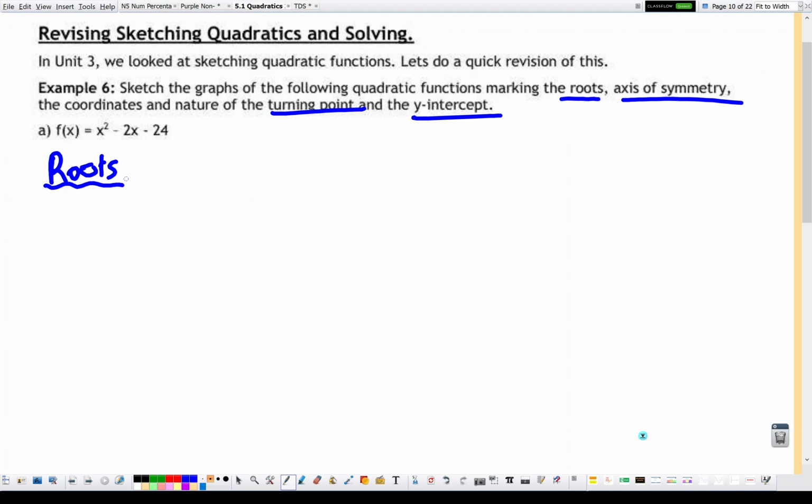Now, when we are asked to sketch a graph and we're asked to find the roots, we will never have to use the quadratic formula for this. We will always be given a quadratic which we can factorise. So the roots are always going to be found through solving by factorising. So maybe worth putting that little note there. So roots: solve by factorising.